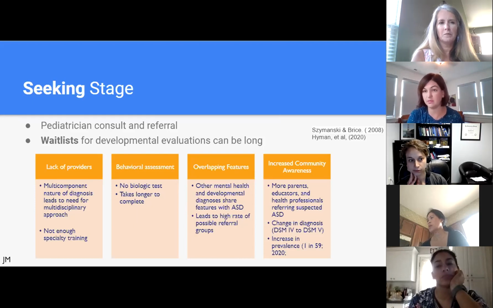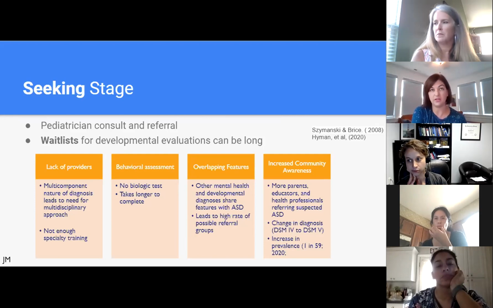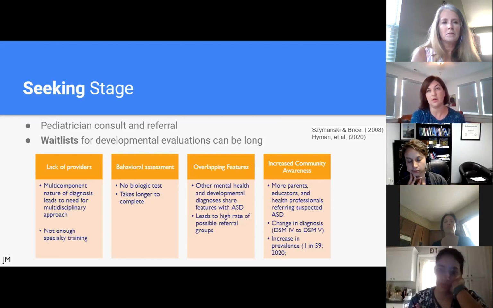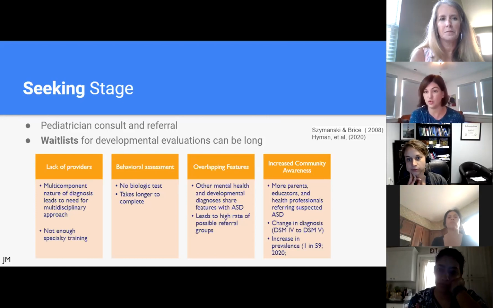The pediatrician is able to make a referral to a developmental evaluation or an autism evaluation. And they also, at all well child visits now, are evaluating for development in general, but many pediatricians are also using autism specific screeners.